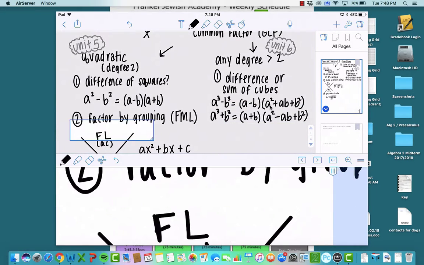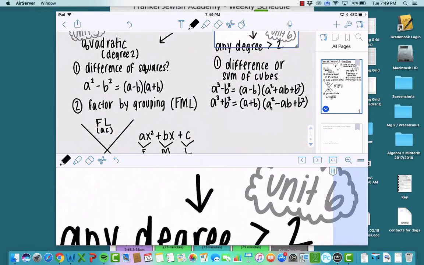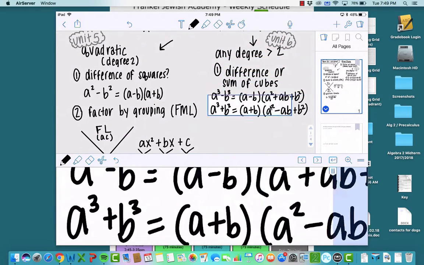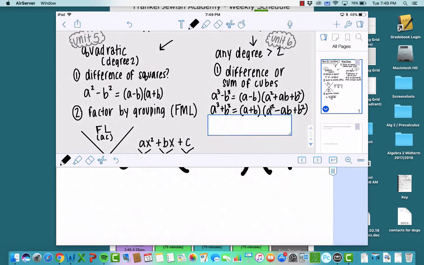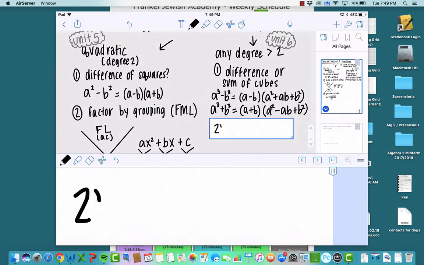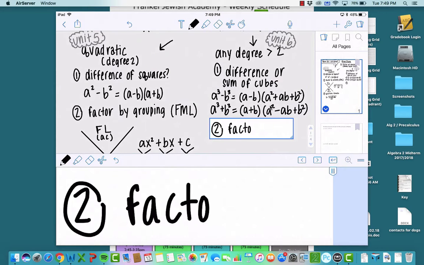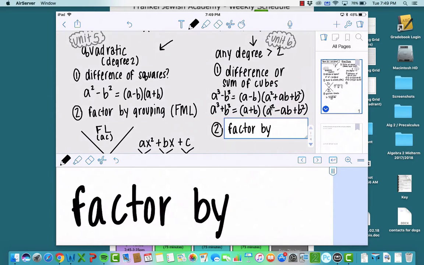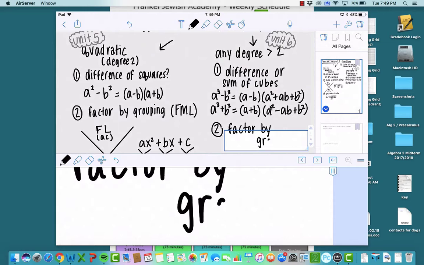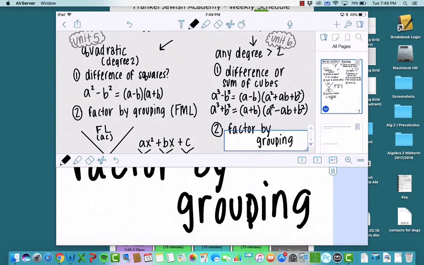Now, if it's not a sum or difference of cubes, meaning it's either not cubed or it doesn't have two terms, you can factor by grouping. Now again, that's just clumping terms together.